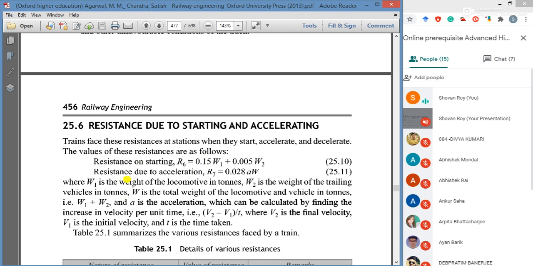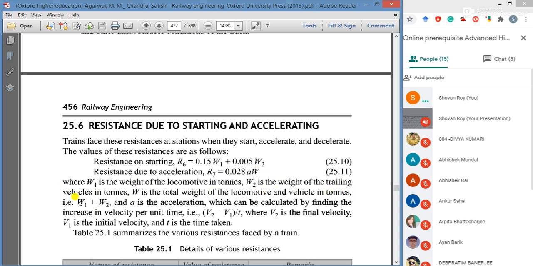Here W1 is the weight of the locomotive in tons, W2 is the weight of the trailing vehicles in tons, and W is the total weight of the locomotive and vehicles in tons, that is W1 plus W2.